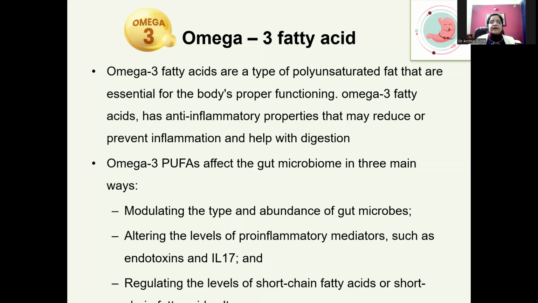Omega-3 PUFA affect the gut microbiome in three main ways: modulating the type and abundance of gut microbes, altering the level of pro-inflammatory mediators such as endotoxins and IL-17, and regulating the level of short-chain fatty acids.